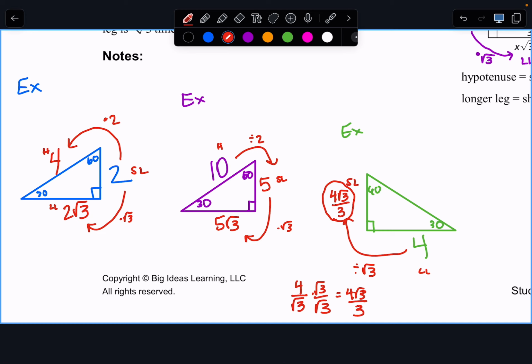But we cannot leave a radical in the denominator. We cannot leave 4 divided by radical 3 and it be okay. Right? Now, to go to the hypotenuse, we're going to have to double that, correct? Which would be 8 radical 3 over 3. The 3 is still the 3.